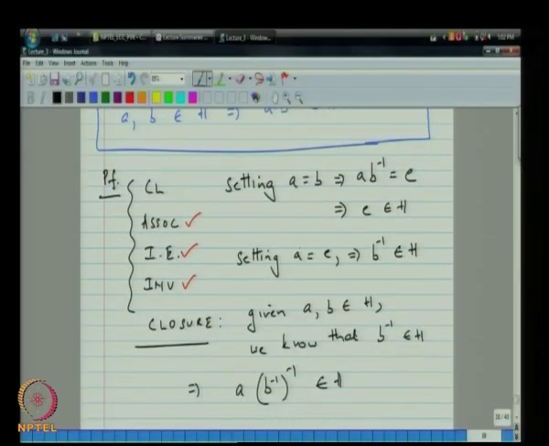In summary, if you want to check that something is a subgroup, you will just apply this one test from now on.